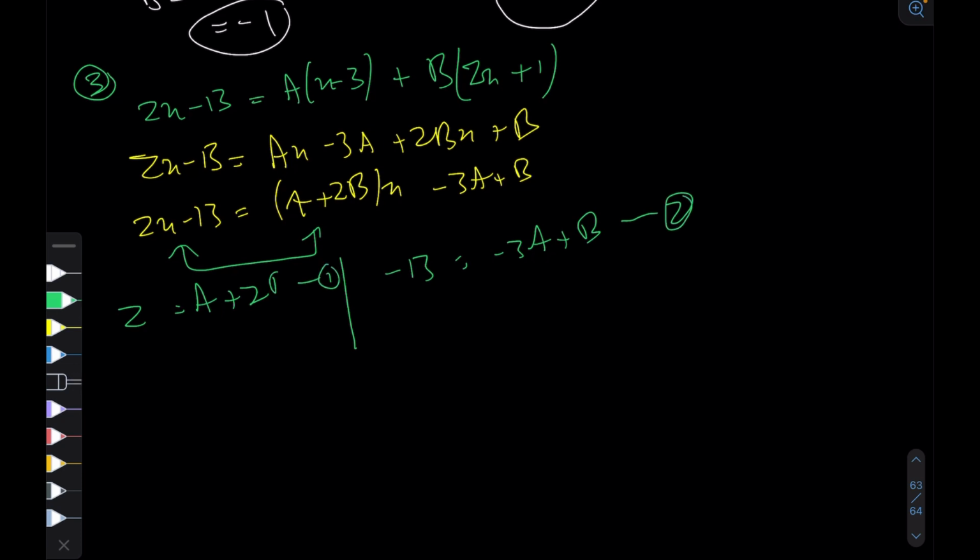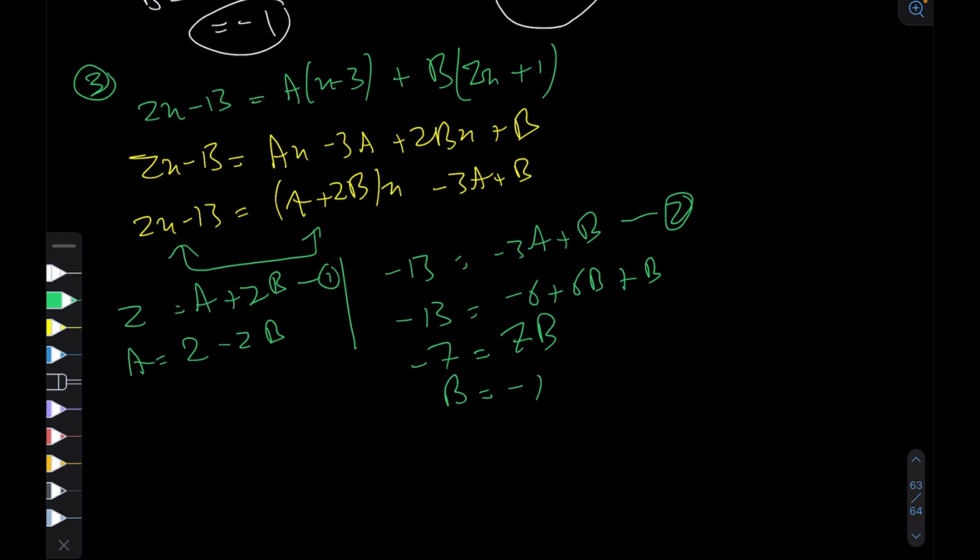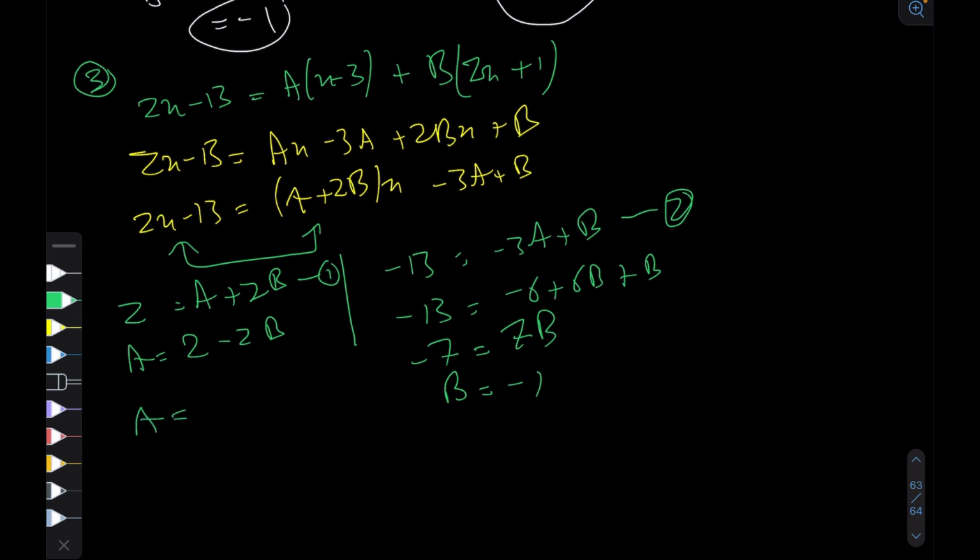So a is equal to 2 minus 2b. So minus 13 should equal minus 6 plus 6b plus b. Minus 7 is equal to 7b. b equals minus 1. Substitute it over here: 2 plus 2, which is 4. Same answer, and this is the third and final method.